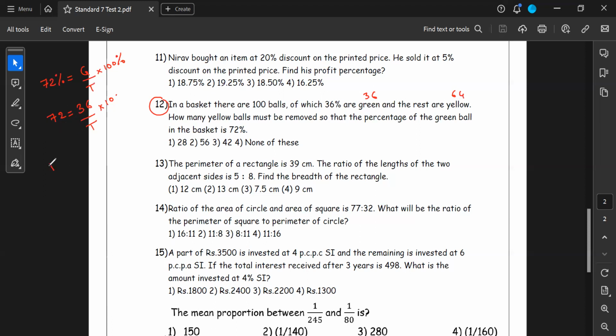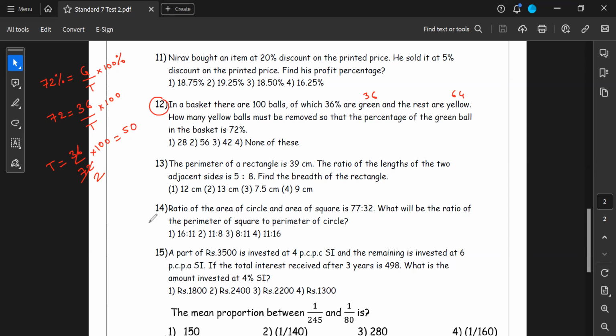So I'll find total. I'll take t to the other side. Over here, I get 36 upon 72 multiplied by 100. So 36 ones are 36, 36 twos are 72, and 2 and 100 get cancelled with each other to get 50. So your answer in this case is basically 50.